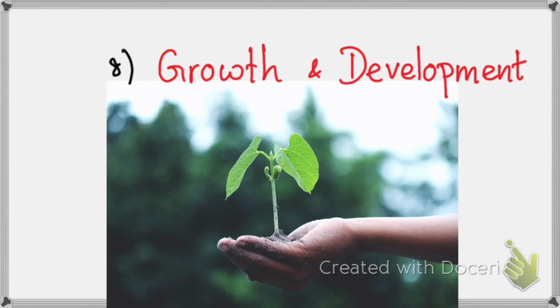For example, some objects, when they absorb water, expand in size. That is also a growth, but it's reversible. It can come back to the previous position. That is not actually a growth. So in biology, the growth and development means the increase in their size, actually the dry mass, but it is an irreversible increase of the size. So these living organisms can grow and develop.